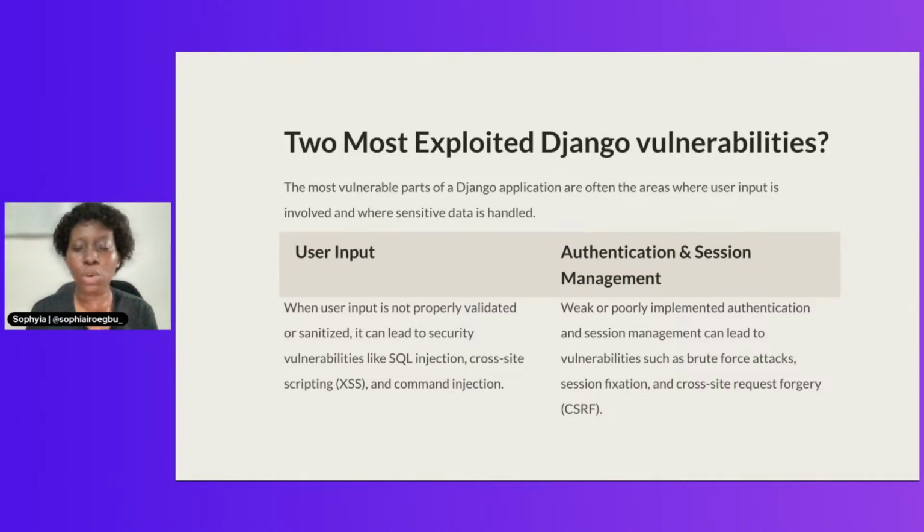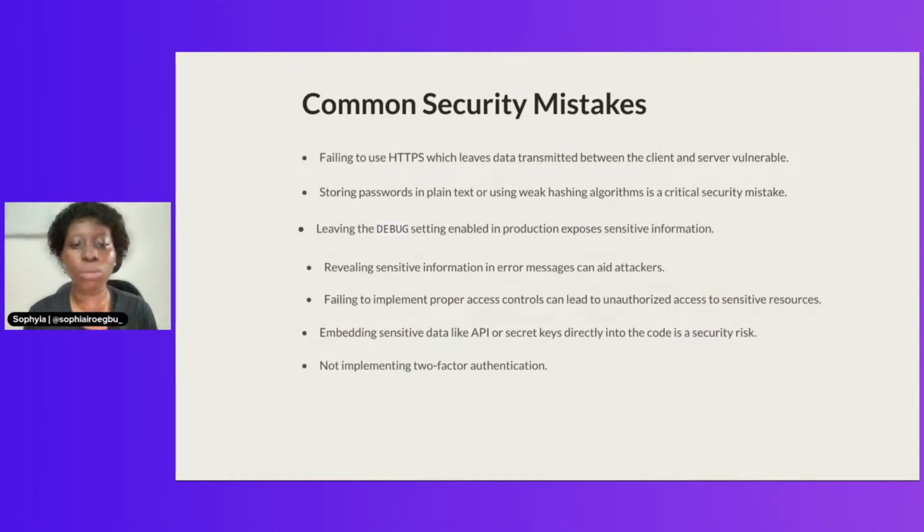Another one is authentication and session management. When your project has a weak authentication process or session management, it leaves your app vulnerable to attacks like brute force attack, session fixation, and cross-site request forgery. Now, here are the common security mistakes that I have made and I've seen in a lot of Django projects.